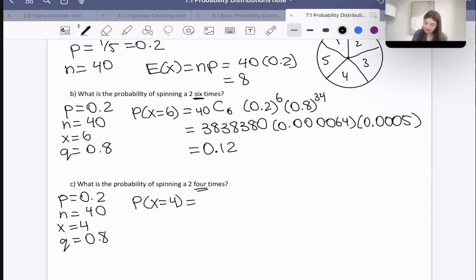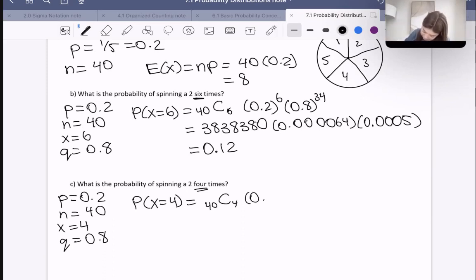The probability of x being 4 successes is going to be 40 choose 4 this time. This time we're just choosing 4 places out of our 40 trial numbers to be the successes, and then the failures will fill in the rest of the 40 trials.